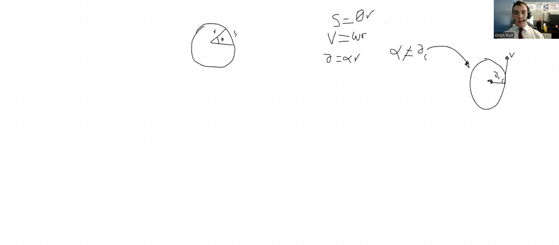Force in terms of rotation is known as torque, written by the Greek letter tau. Tau equals r F, and it also matters what angle you're applying it at, sine theta.